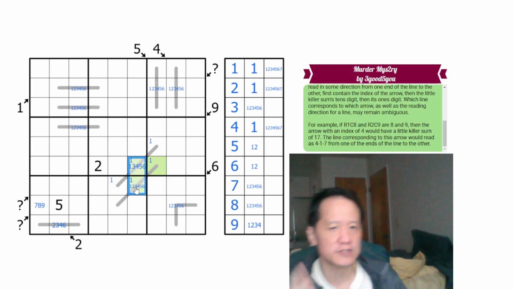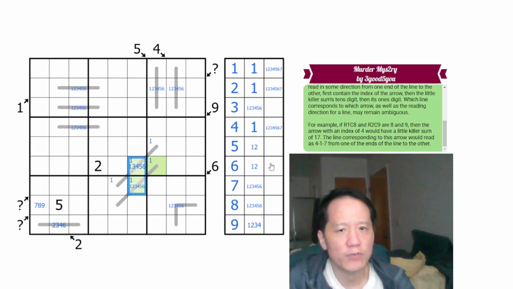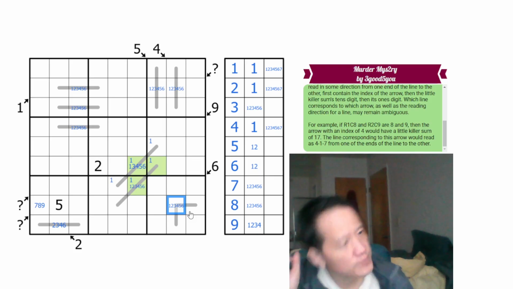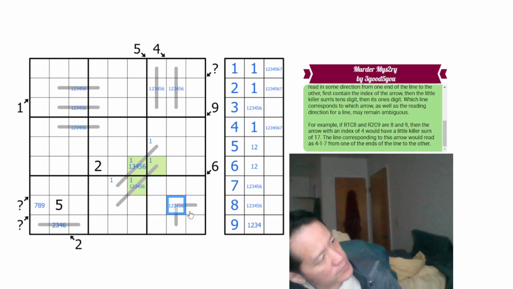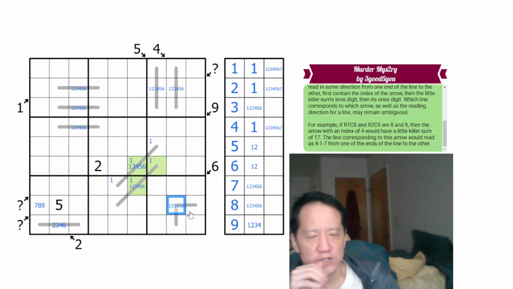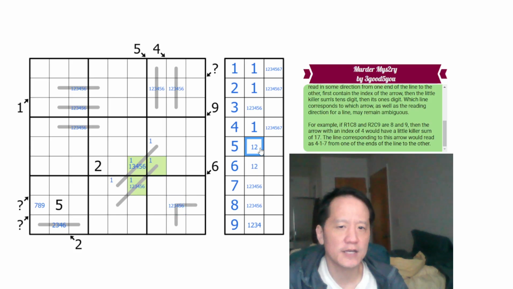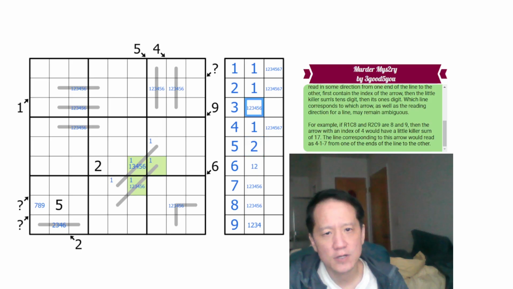And if 6 is a 1, well, we have 4 ones then, and this would have to have a 1, right? So 6 could be a 2, but everything else cannot be 1, right? So 5 has to be 2 here. This can no longer be 1. None of these can be 1.